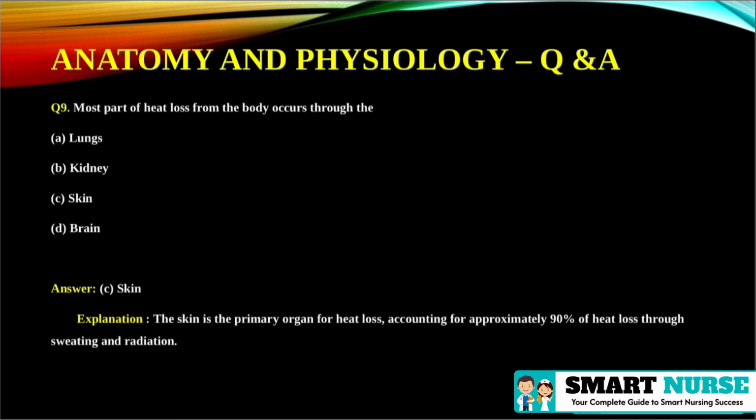Option D is brain. It loses heat through the scalp. So the exact answer is option C. The skin is the primary organ for heat loss, accounting for approximately 90% of heat loss through sweating and radiation.